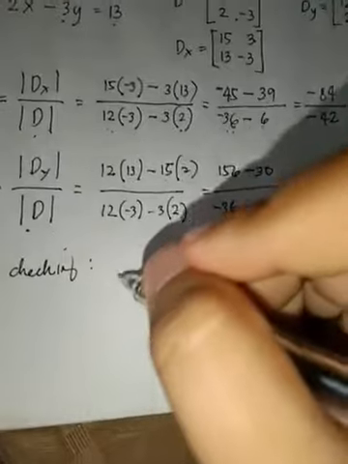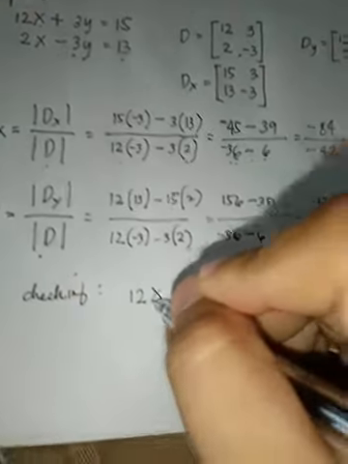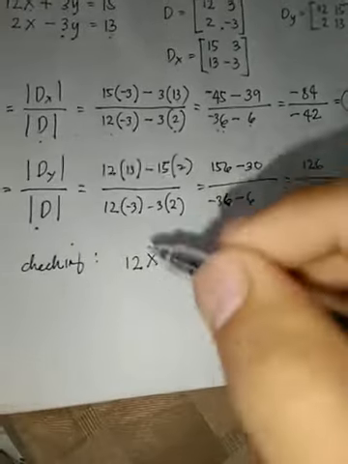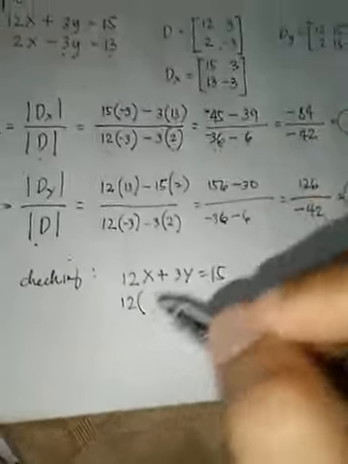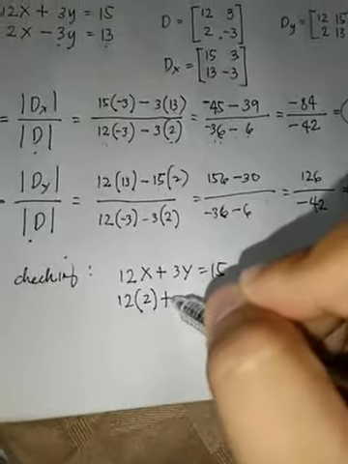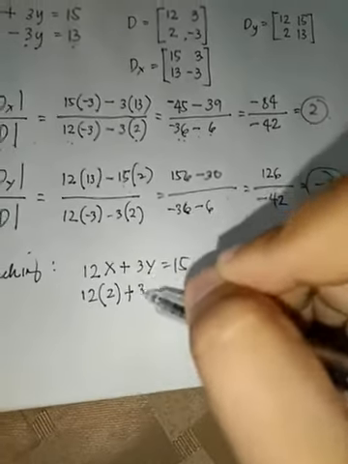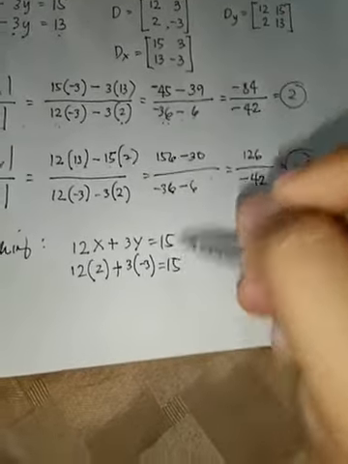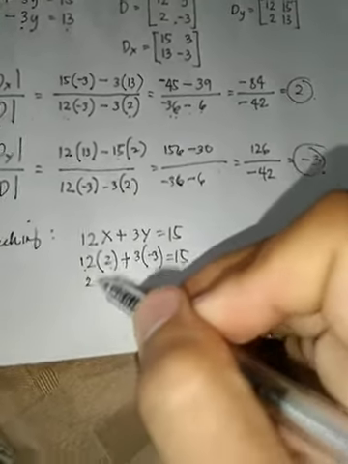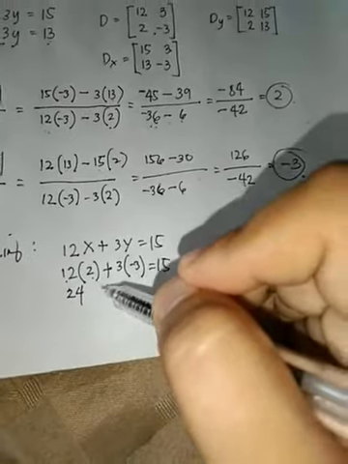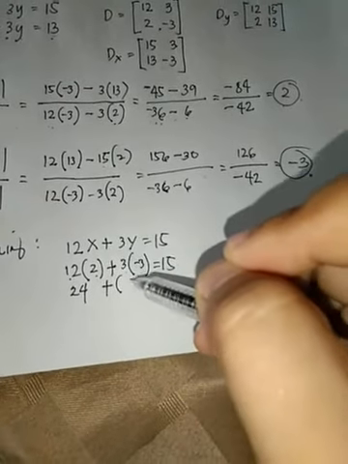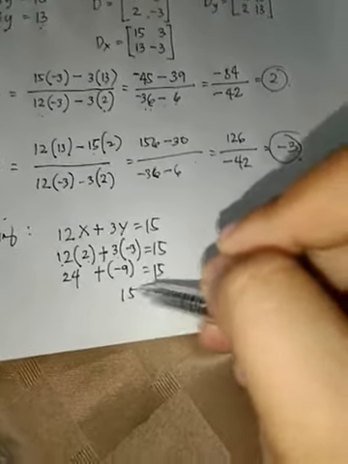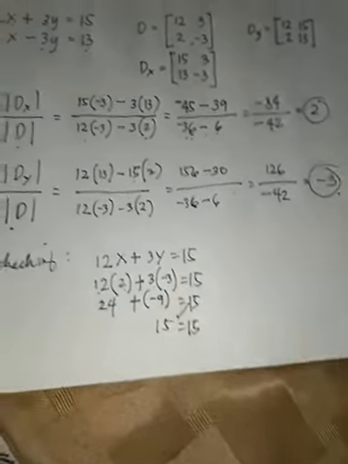If we do checking, 12x plus 3y is equals to 15. So, 12, ano yung x natin? 2 plus 3. What is our y? It's negative 3, which is equal to 15. 12 times 2, 24. Plus 3 times negative 3, it's negative 9, 15. So, therefore, correct.